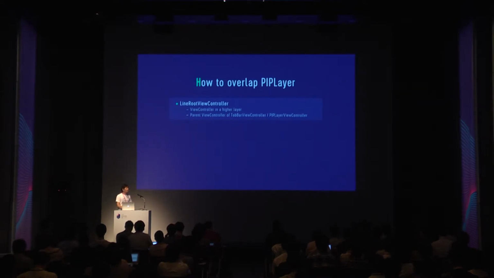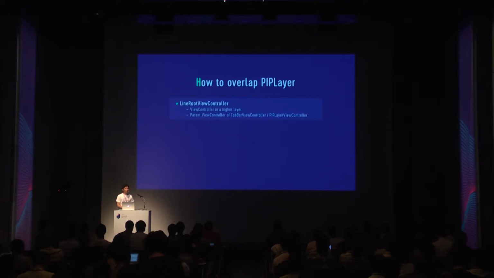Now, I used the word PIP container many times, so why was I so persistent in using that term? Actually, there is yet another upper layer for overlaying the PIP layer, and that's the LINE root view controller.